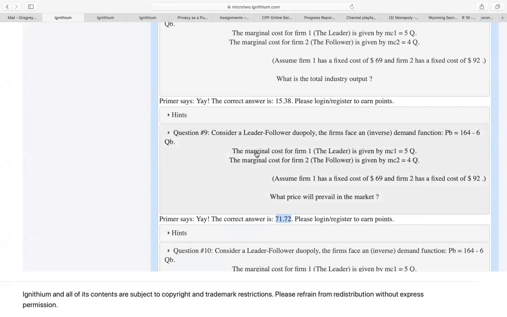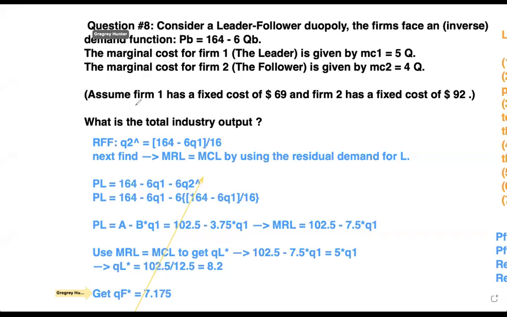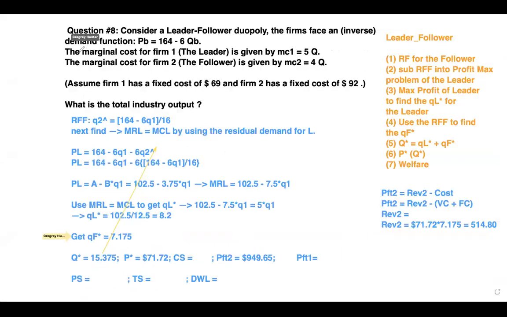I was just rounding. But if we put in 71.75, it doesn't mean it's wrong. It just means we got a little rounding error in that last decimal place. I used it here hoping we would be even more accurate, but we could put 71.75, and I would be fine with that too.